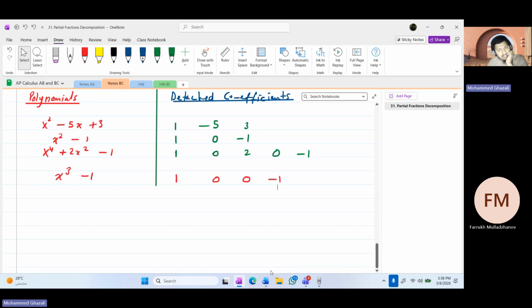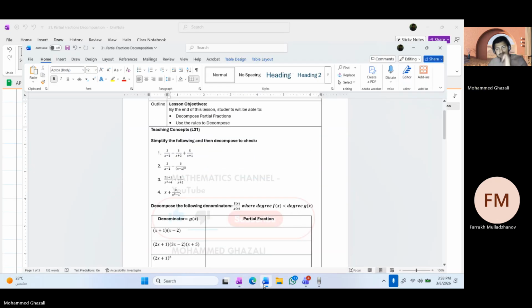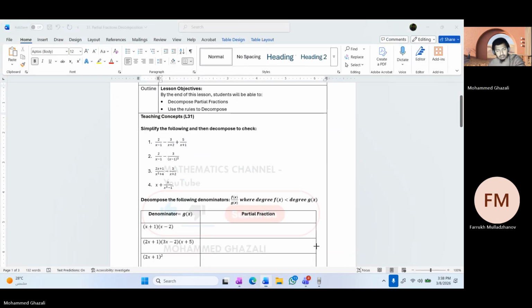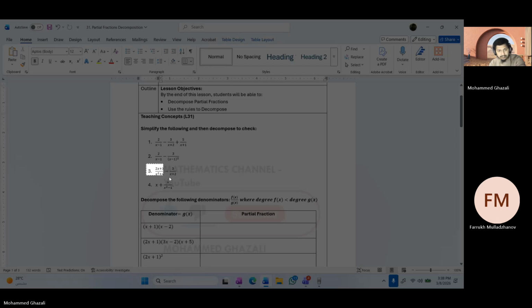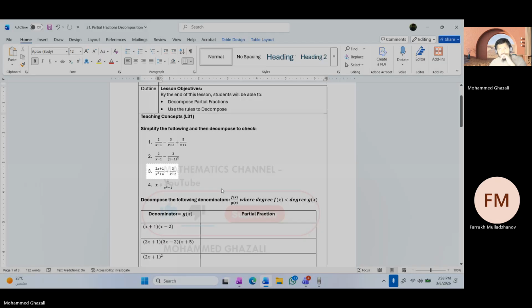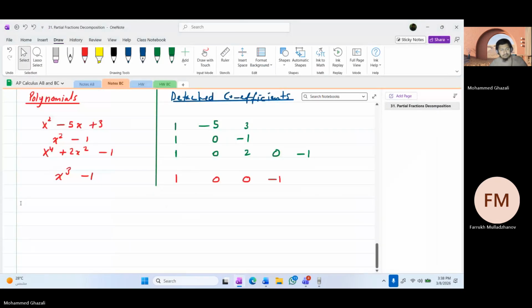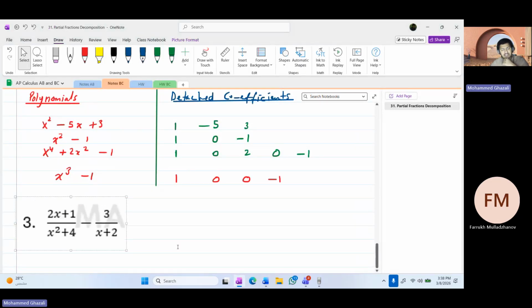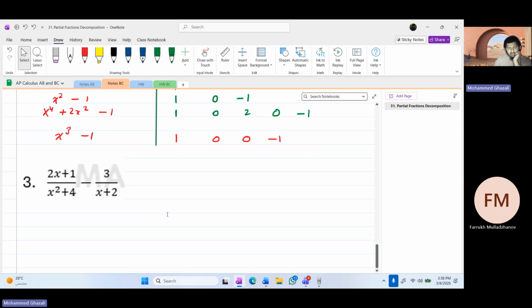Now, let's look at the third example. We want to simplify this first, come to an answer, and then take the answer and go back and see if it actually works. So we're going to do an algebraic fraction of this.